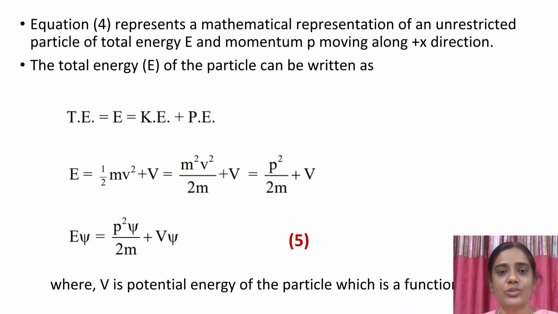Here m squared v squared represents the momentum squared, therefore P squared by 2m plus the potential energy term V. If we multiply with the wave function psi on either side, it becomes equation 5, which is E psi is equal to P squared psi by 2m plus V psi. Here, as we all understand, potential energy is a function of x.